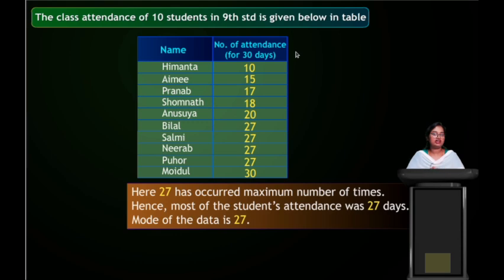How do we find the mode? The mode is the number that occurs the maximum number of times, isn't it? So in this situation 27 is the mode. So these three are the measures to find the central tendency.